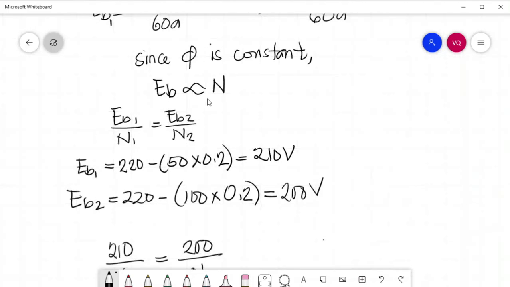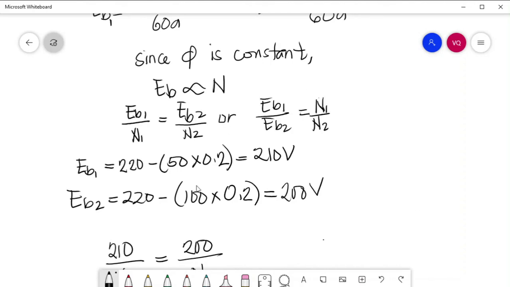This means that if the speed increases, the back EMF of the motor will also increase. Same is true if the speed decreases, the back EMF will also decrease. Eb1 over N1 is equal to Eb2 over N2, or Eb1 over Eb2 is equal to N1 over N2. So they are the same.